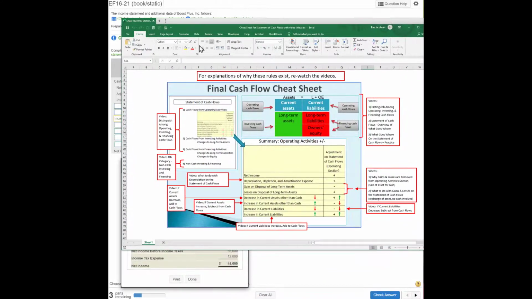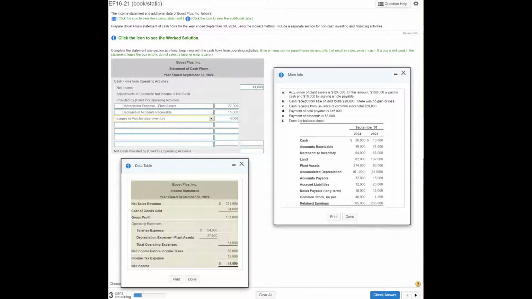So the next part of our cheat sheet says we need to analyze the change in current liabilities. So our current liabilities, we have AP and then accrued liabilities. I'm going to start with accrued liabilities just because this one is easier to understand. So accrued liabilities went from 20,000 to 12,000.